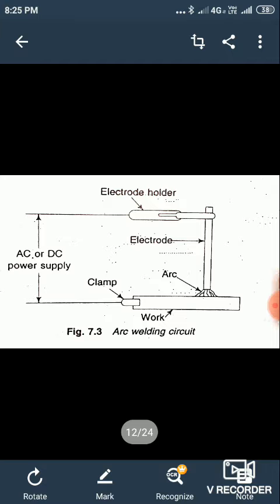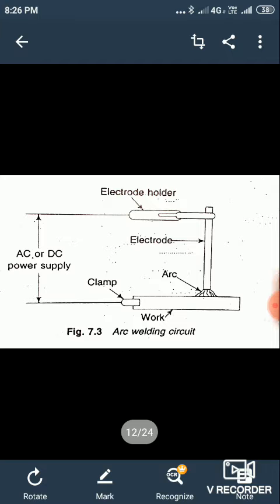We can use DC current and AC current. DC current flows in one direction, thereby resulting in a constant polarity. With direct current DC, the welding circuit can either be straight or reverse polarity.